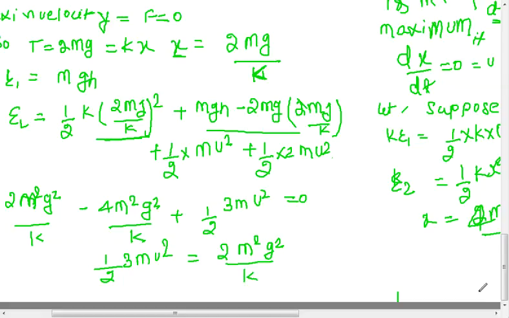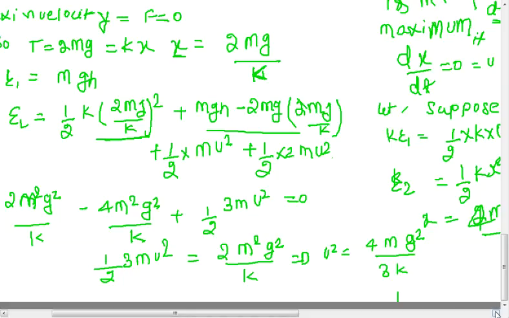So v square is going to be 4 m g square by 3k.